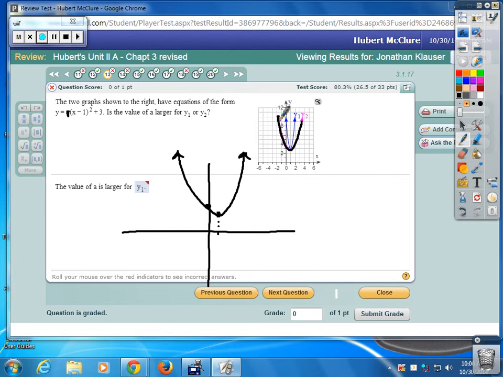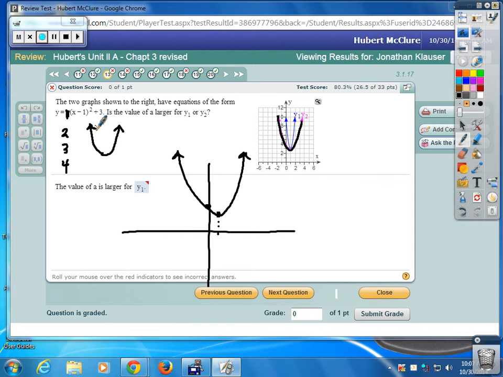Now they're asking you, is the value of a larger for y sub 1 or y sub 2? Well, remember, this is 1 right here. What does 2, 3, 4 for a do to the parabola? Does it compress it or does it stretch it?